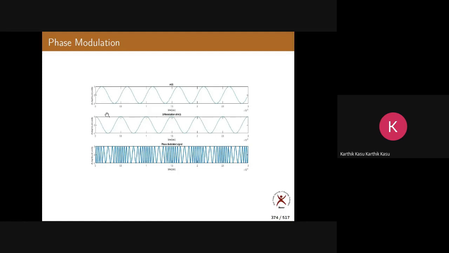In the phase modulated signal, the instantaneous frequency of the carrier changes according to the derivative of m of t, or m dash of t, not according to the original message signal m of t. You can see very clearly: here it is maximum, here it is minimum, exactly here it is minimum, here it is maximum frequency, and here also minimum frequency.